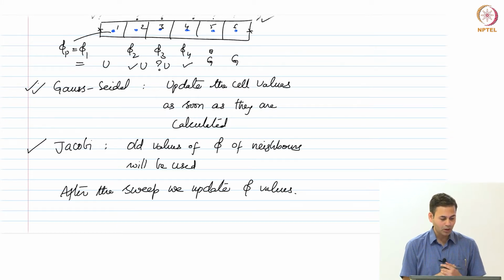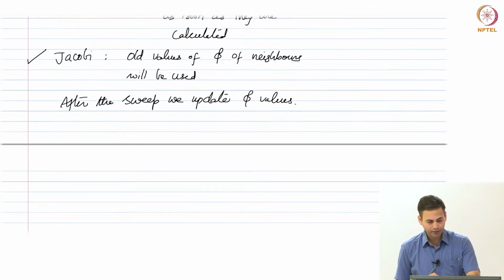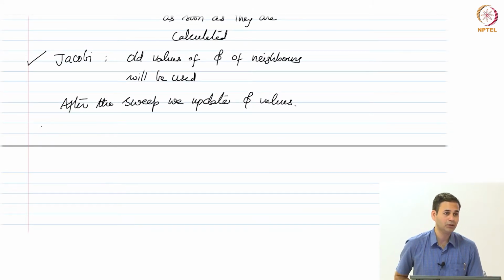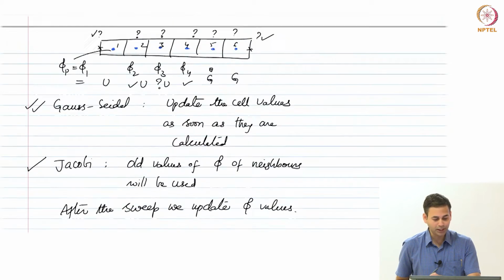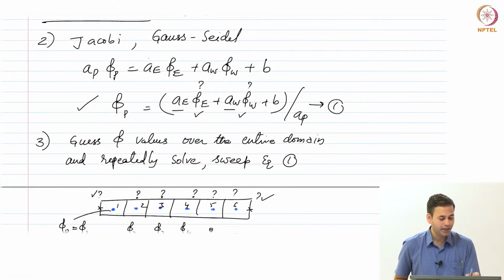All right. Now, unlike direct methods, these iterative methods do not need storage of the full matrix. All you need is to store all these coefficients, that is A east, A west and AP and B per cell, that is all.